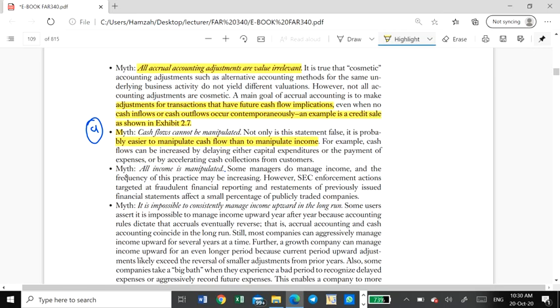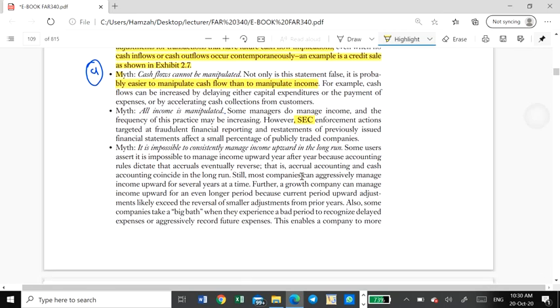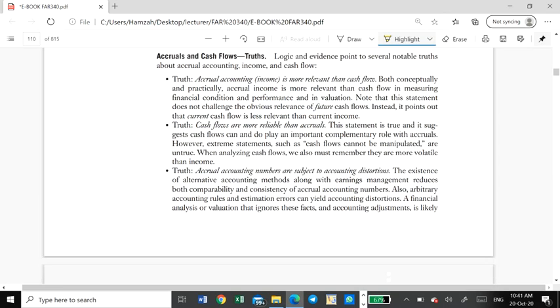Sebab manager ni boleh ikut praktis yang disediakan oleh Security Exchange Commission. Mitos yang terakhir is that it is impossible to consistently manage income upward in long run. So that are the mythos of the accrual and cash flow.